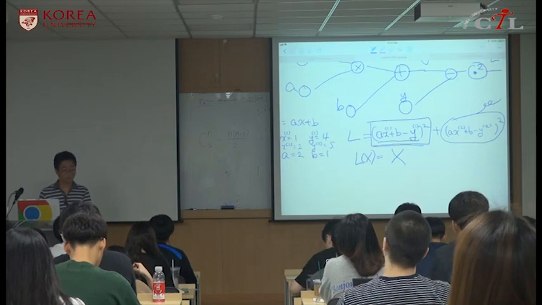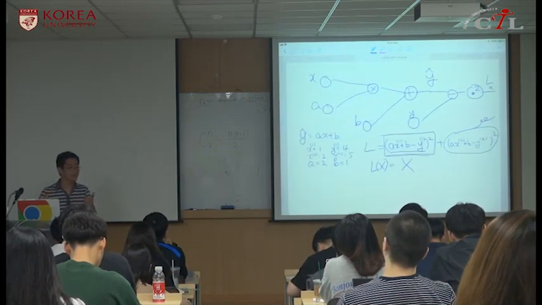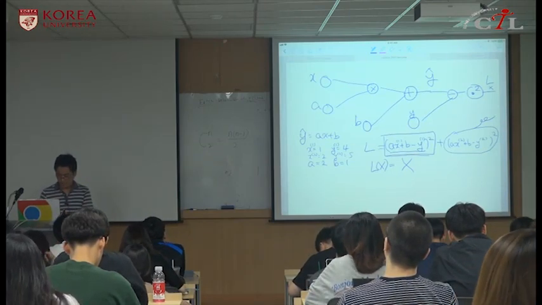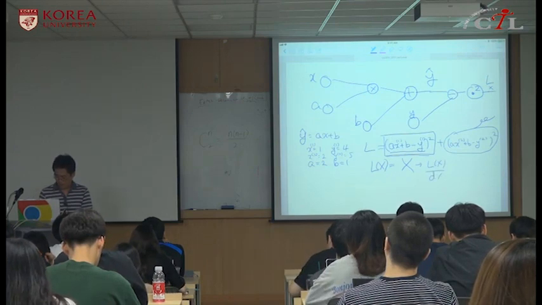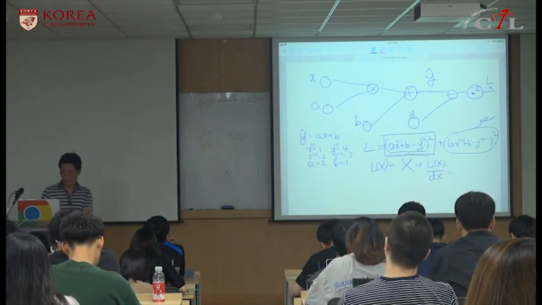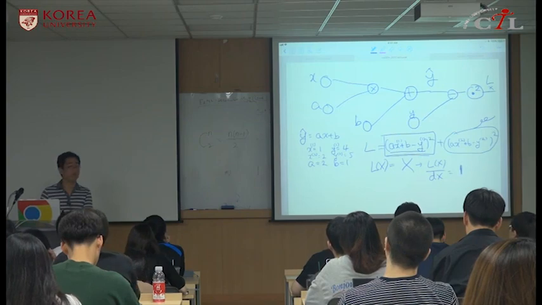In this case, what will be the partial derivative, or the gradient value, with respect to capital X at this point? It will be just 1, right?